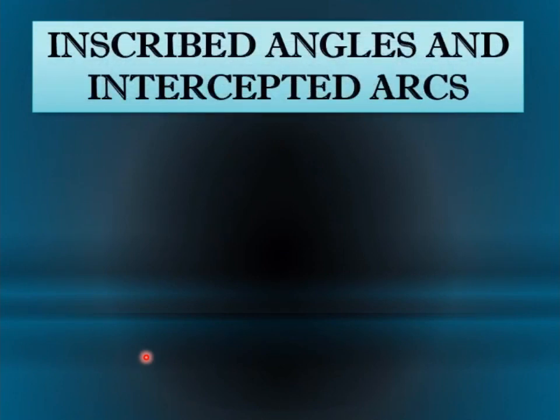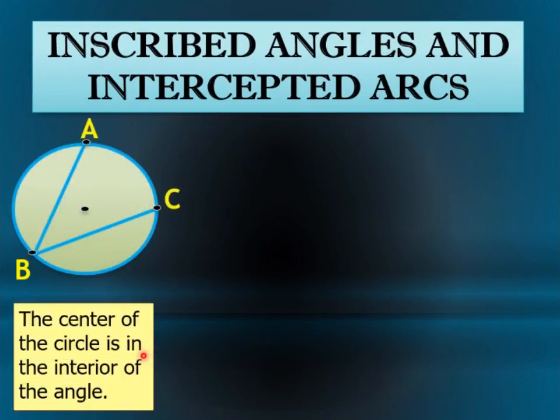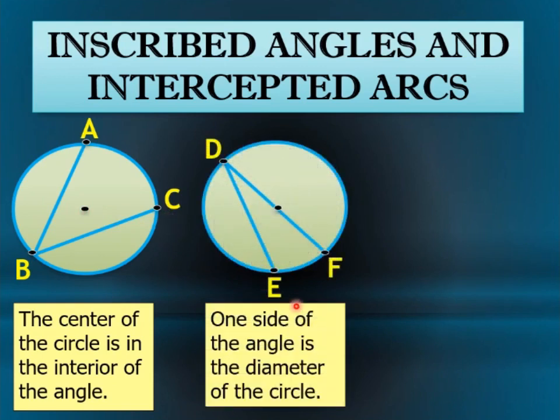Inscribed angles and intercepted arcs. The center of the circle is in the interior of the angle. So the inscribed angle is angle ABC, and the center of this circle is in the interior of the inscribed angle. One side of the angle is the diameter of the circle.